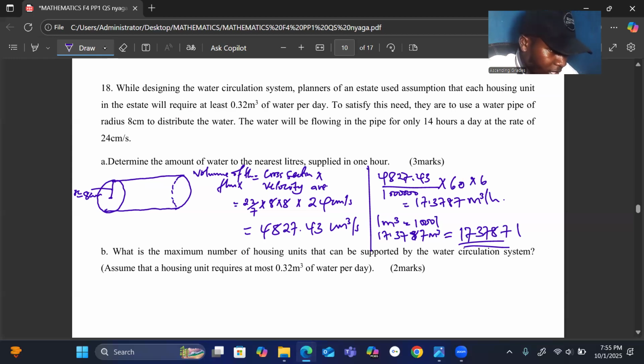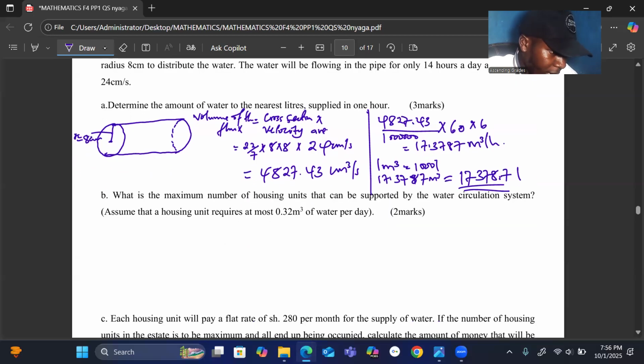The amount of water in liters supplied in 1 hour, that is 17,378.7 liters. Then you get your 3 marks.